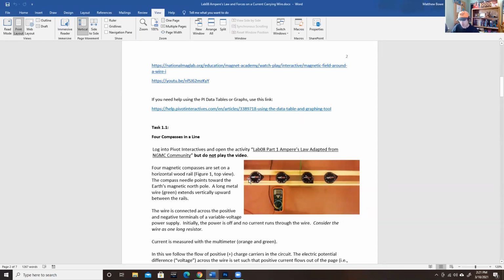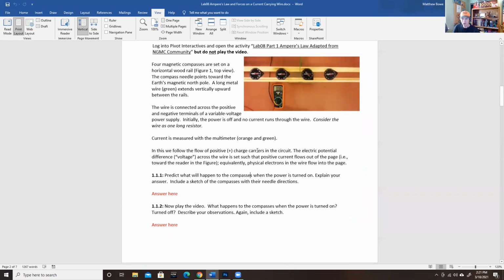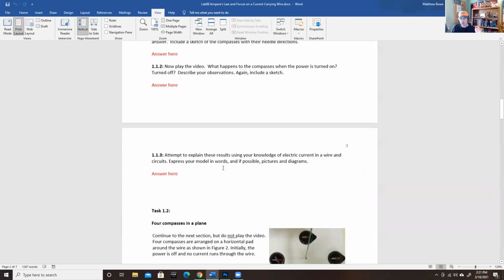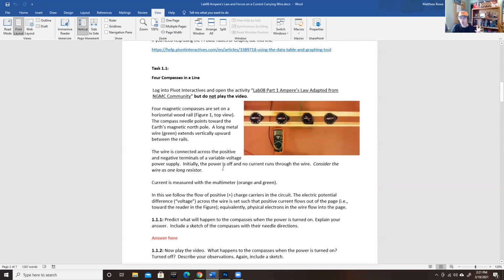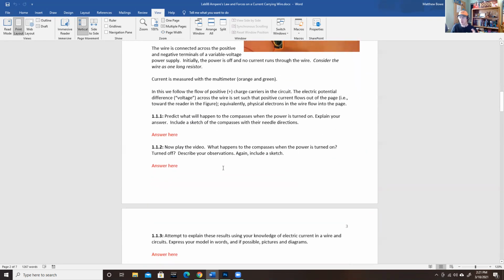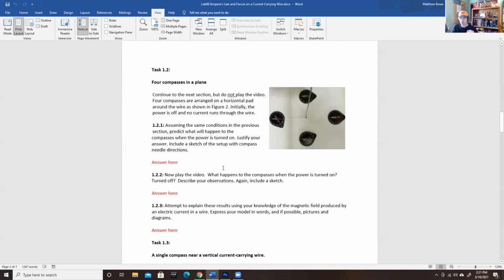Are there any questions on this? Well, before I say that, what I'm looking for today is just one set of drawings from any of these parts. So from part 1, any of these drawings, or you could do this 1.2.